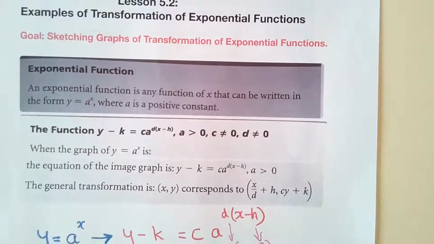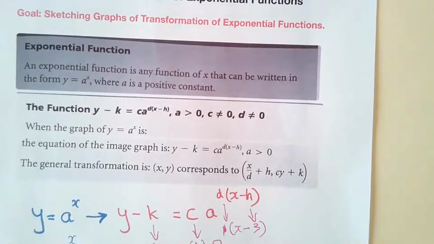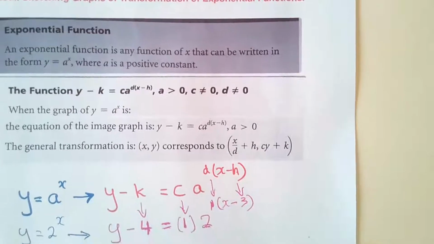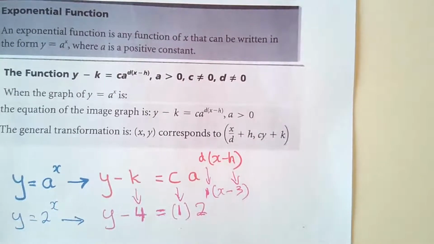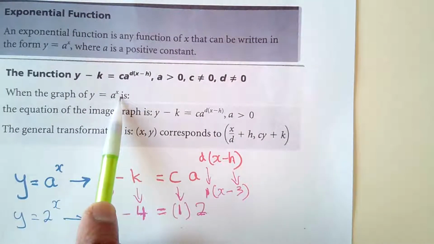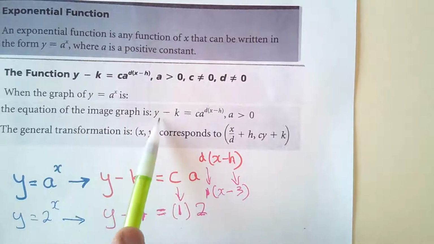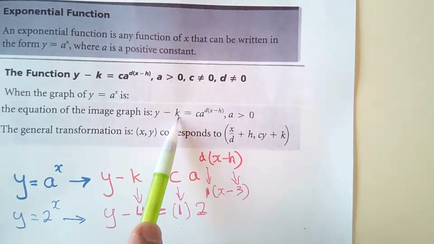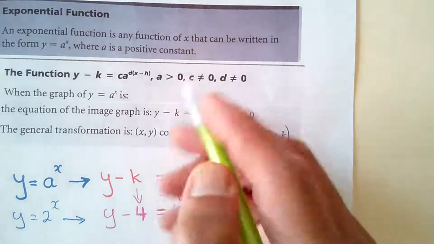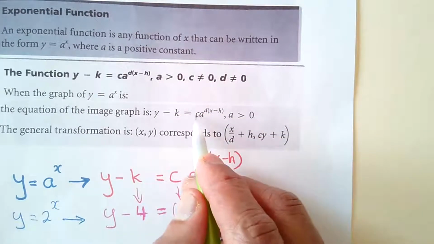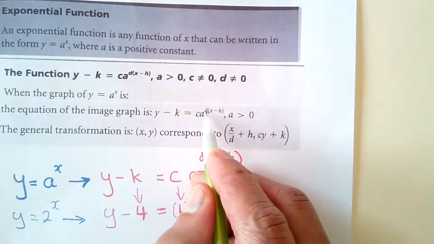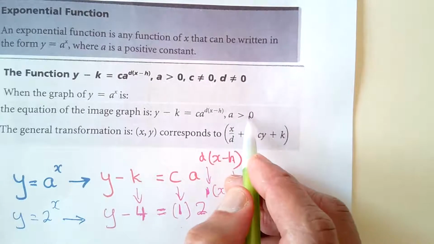Today we'll extend that. So if we have a graph y equals a to the x, the image of it is y minus k equals c a to the power d times x minus h, where a is greater than 0.